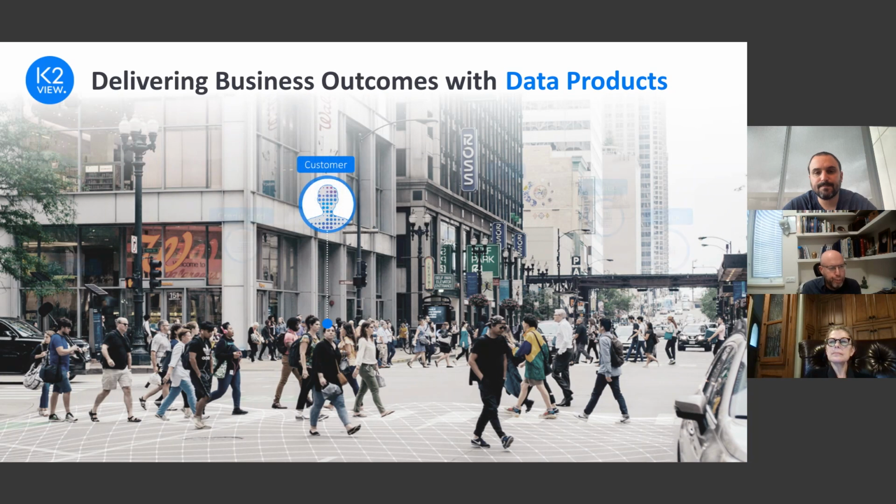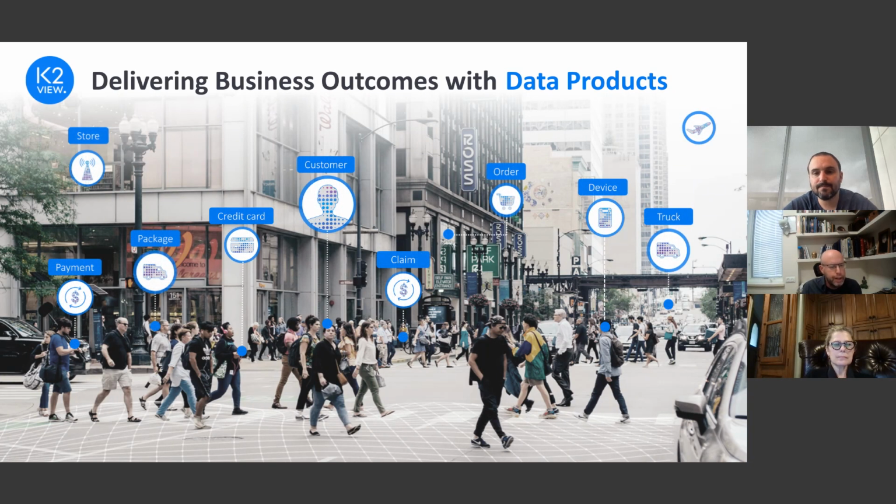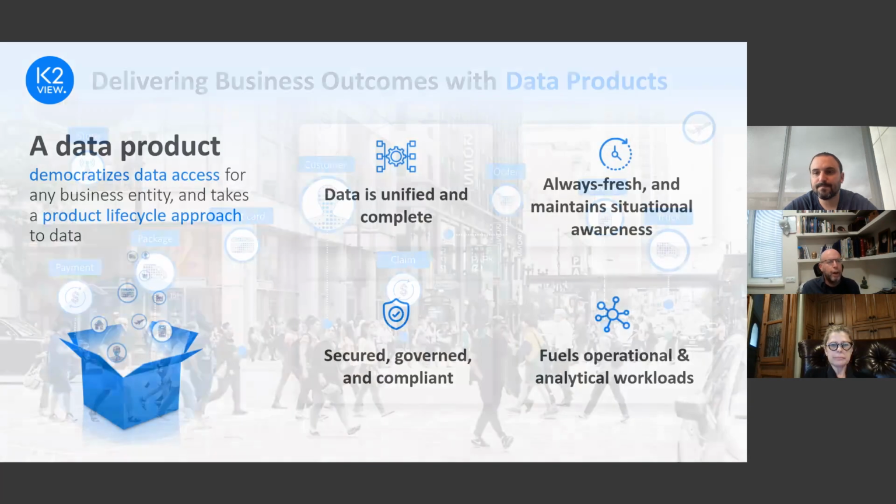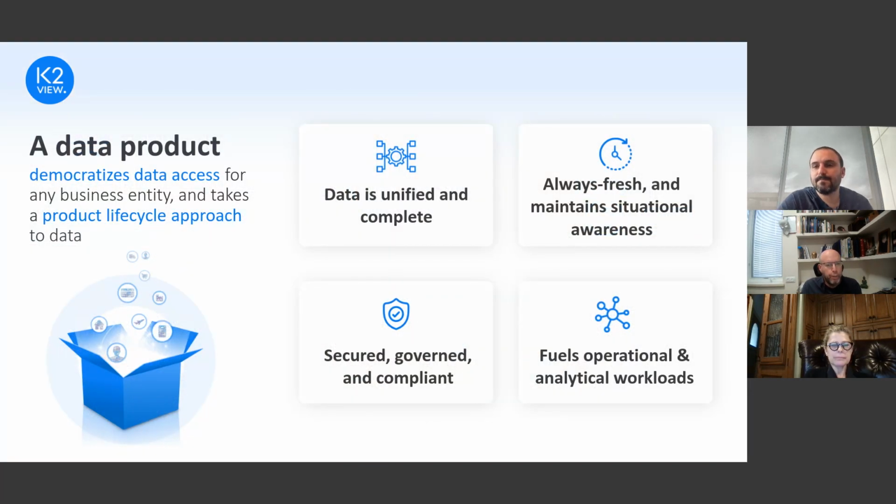We have a platform that manages data products, and what we do is integrate and unify all the data across all systems around business entities. Business entities can be anything that interests the business: a customer, an order, a device, a truck, a package, or anything else. When we talk about data products, we talk about four major elements.